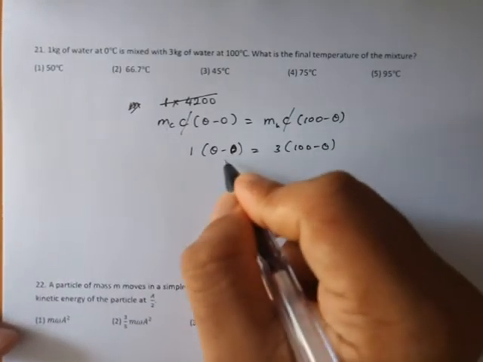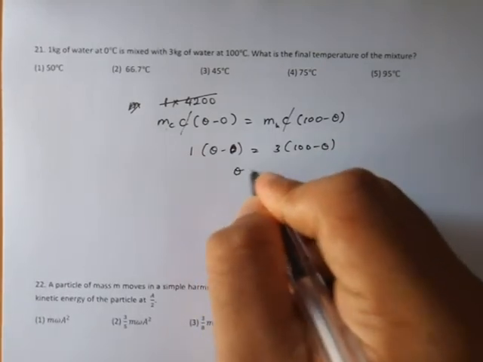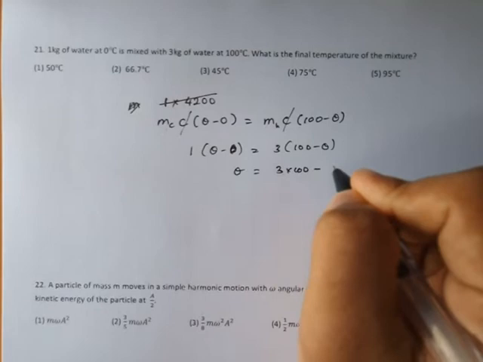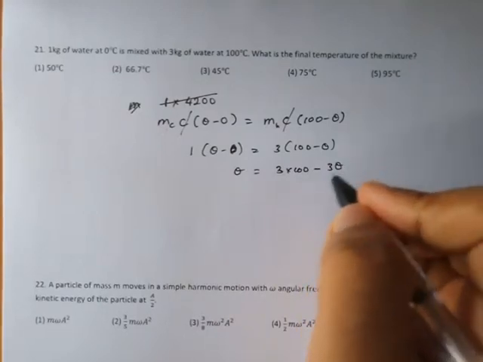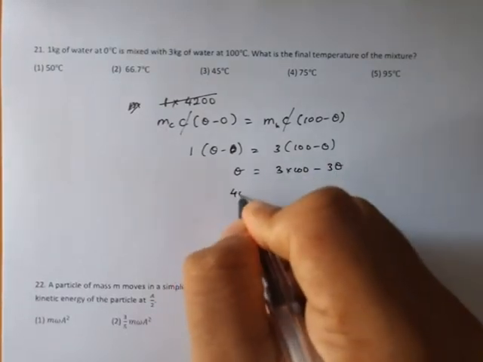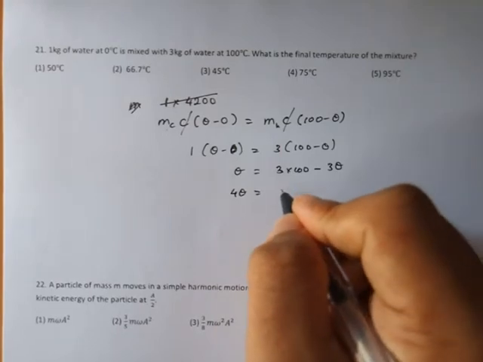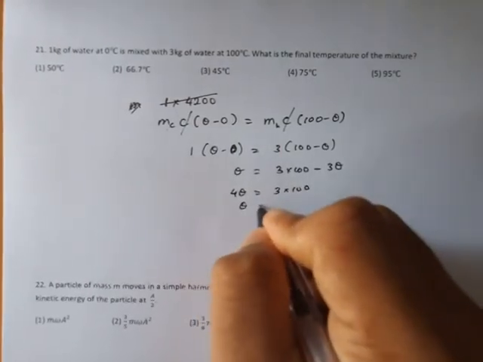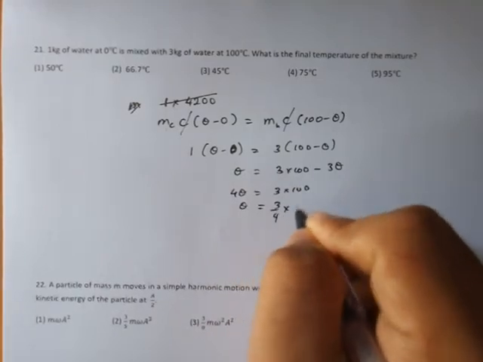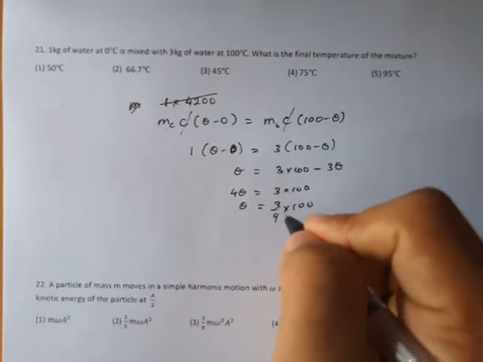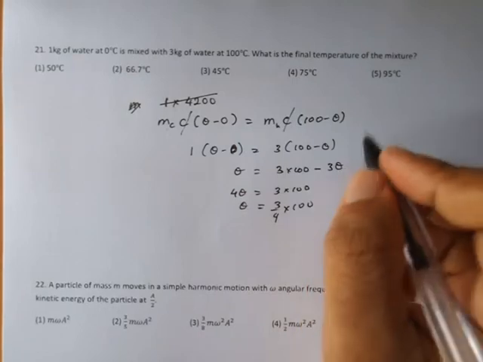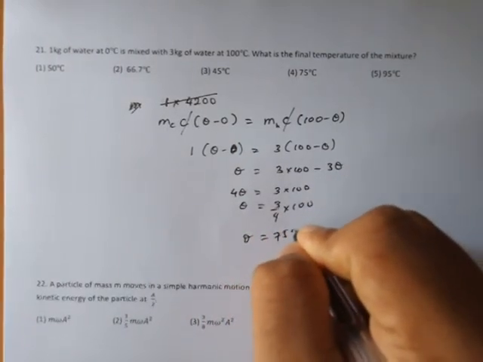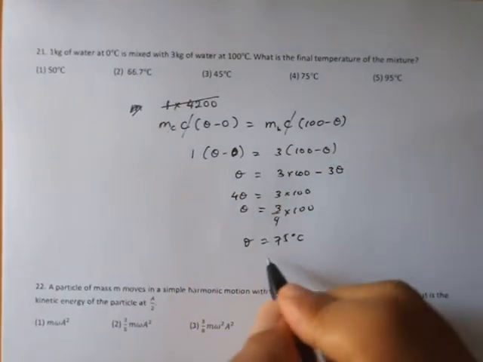Simplifying this, we get theta equals 3 times 100 minus 3 theta. So 4 theta equals 3 times 100, so theta is equal to 3 by 4 times 100. We know 3 by 4 is 0.75. 0.75 into 100 means theta is equal to 75 Celsius. So the answer is the fourth one.